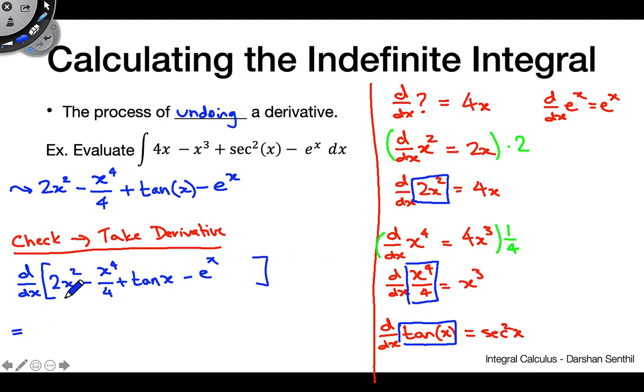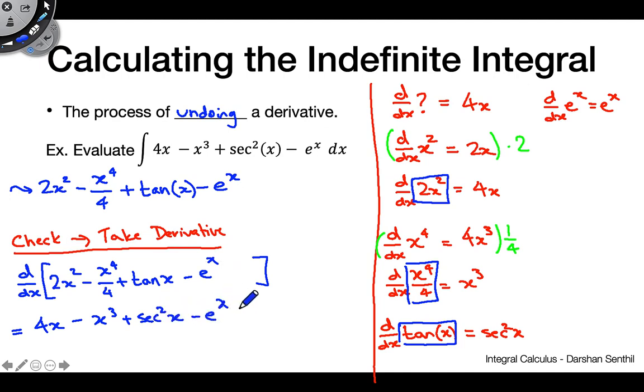Derivative of 2x squared using power rule, that's just going to be 4x. X to the fourth over 4, derivative of that, multiply by 4, they'll cancel, so we'll have just x cubed there. Derivative of tangent of x, again using our identity, secant squared of x. E to the x, derivative of e to the x, of course, is just e to the x.